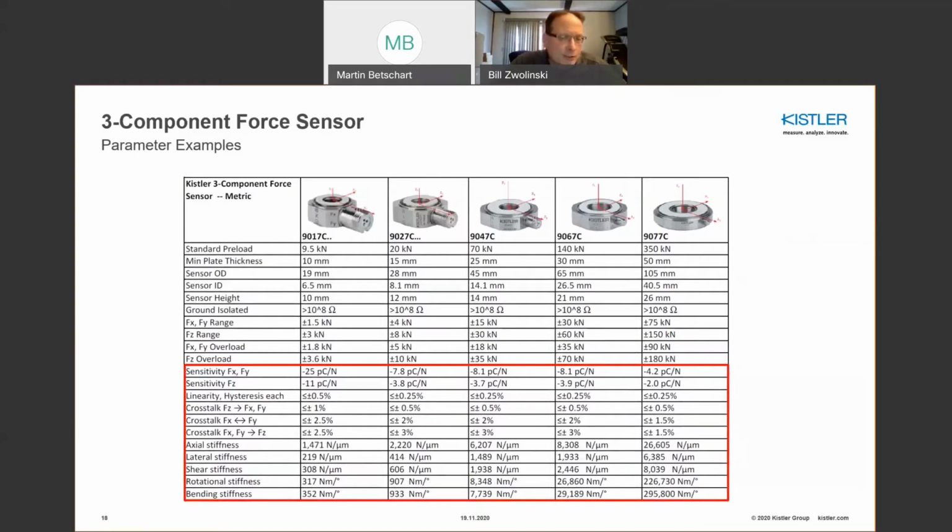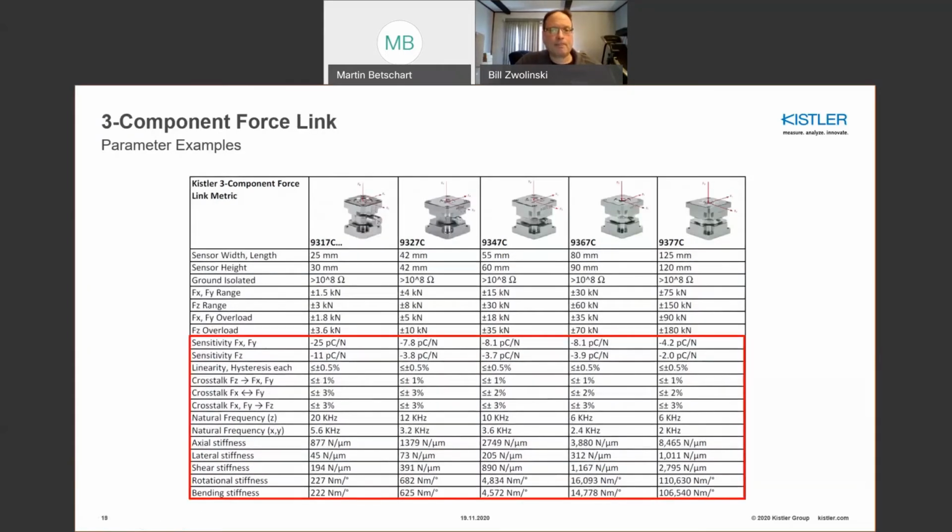The stiffnesses are great when you want to do an FEA analysis to see how the fixture you're building will accommodate whatever test you're trying to make. Inherent to piezoelectrics is very low crosstalk, and I show what the data sheet values might be, but the calibration sheet values are actually much lower. So it's an inherent benefit of this technology to have very low crosstalk and very high linearity.